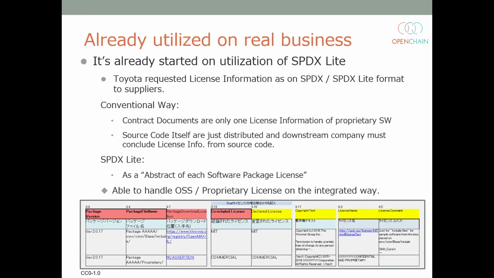Those are written in paper style. Suppliers are able to easily use that spreadsheet style license information when they are required to provide a machine readable format from the downstream side, I think.